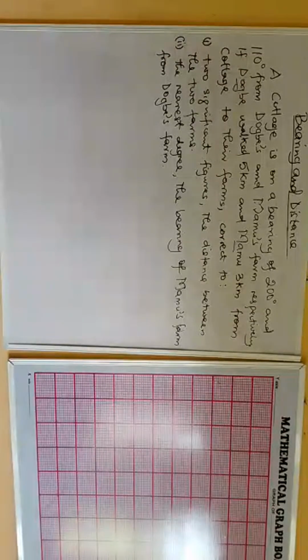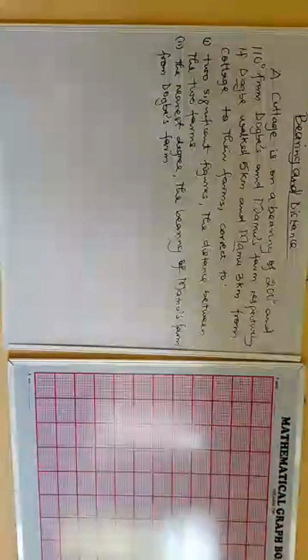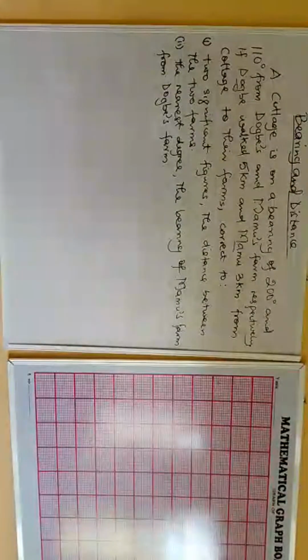If Dugbe walks 5 kilometers and Mammoth walks 3 kilometers from the cottage to their farm, calculate, correct to two significant figures, the distance between the two farms, and to the nearest degree, the bearing of Mammoth's farm from Dugbe's farm.